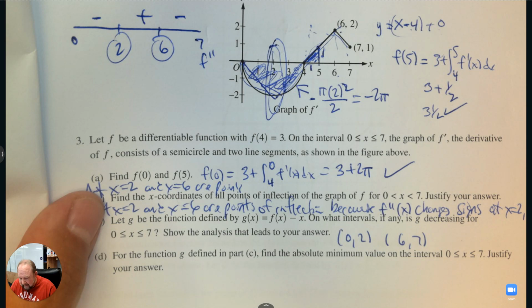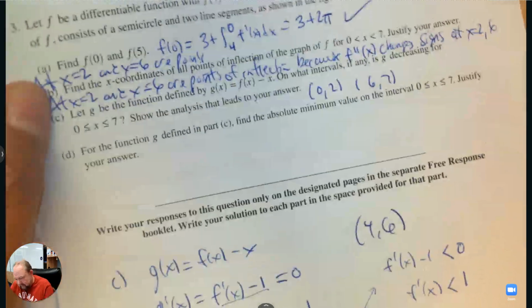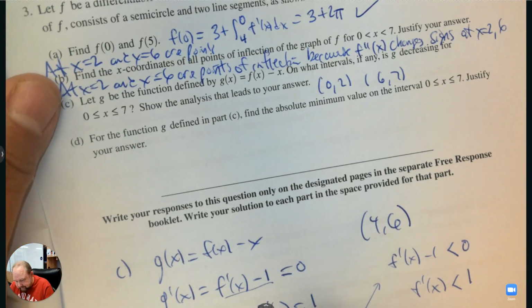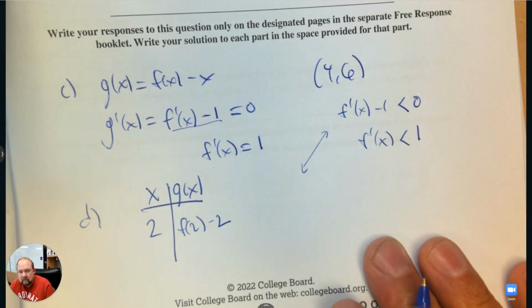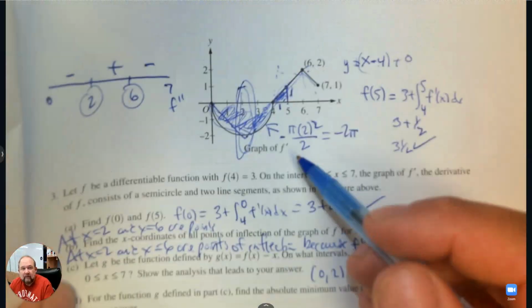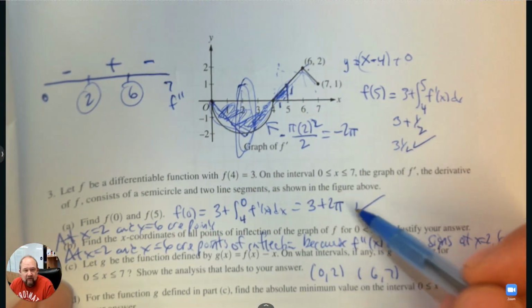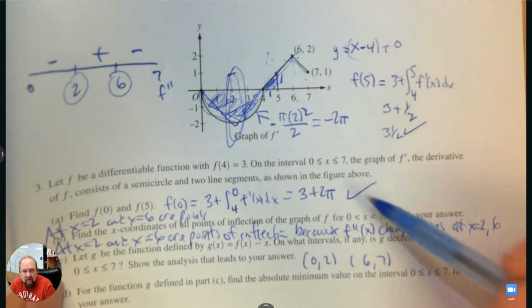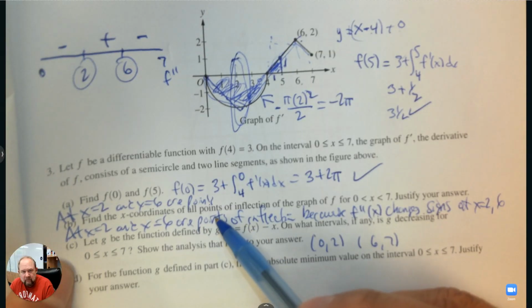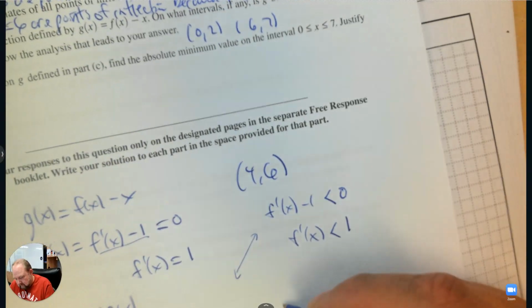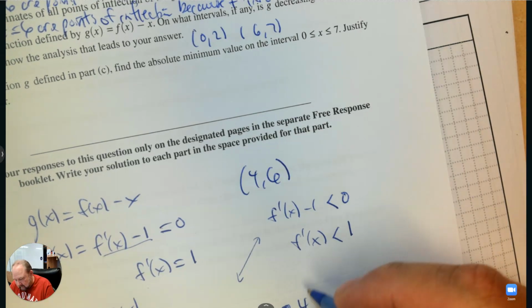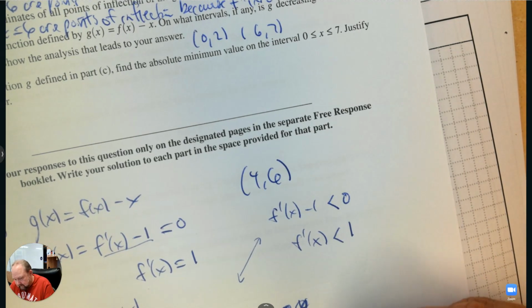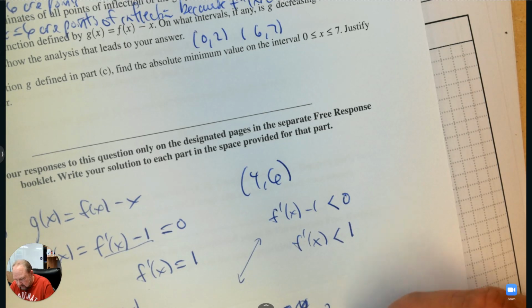And then to know what that answer is, we would go f at 2 minus 2, using that equation. So the function value there, we just do 2. So if I did 2, you start with 3, and it goes 4 to 2.